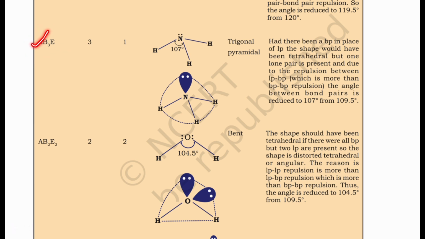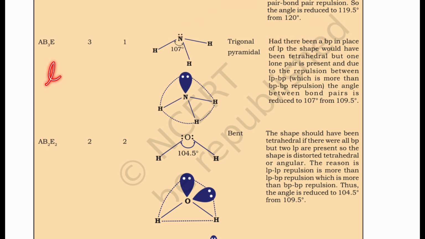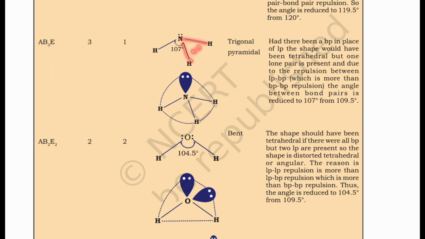Moving to the next molecule, AB3E type. It means one central atom, three surrounding atoms and one lone pair, and the classic example is ammonia. Hybridization is sp3. For ideal sp3 the bond angle is 109.5 degrees. But here we have one lone pair, and we know that lone pair bond pair repulsion is more than bond pair bond pair repulsion.